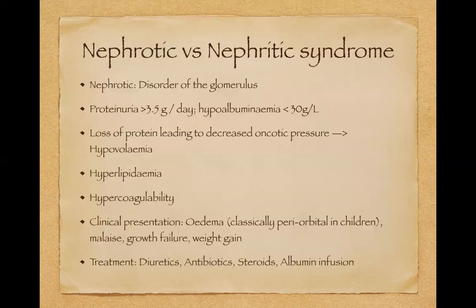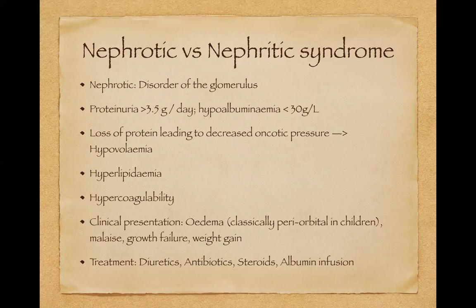Then I just added a slide or two about nephrotic versus nephritic syndrome, because that's always quite important for us to distinguish in the ED as well. Nephrotic syndrome is a disorder of the glomerulus. It's classically defined as proteinuria of more than 3.5 grams a day.